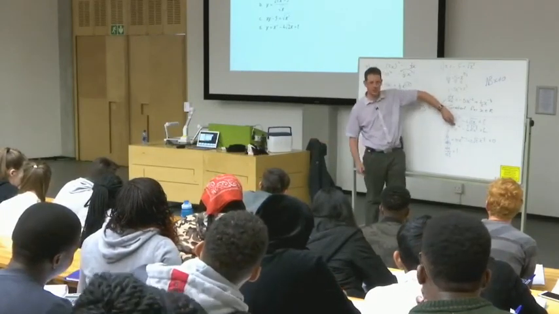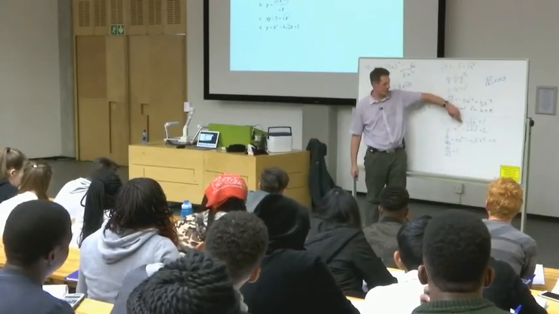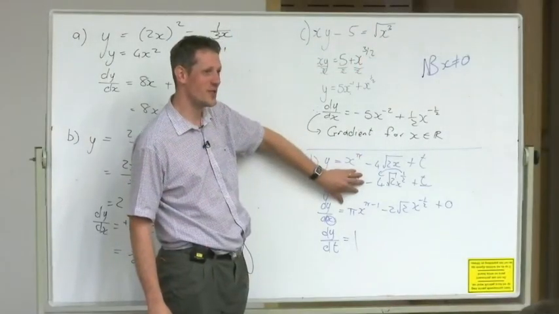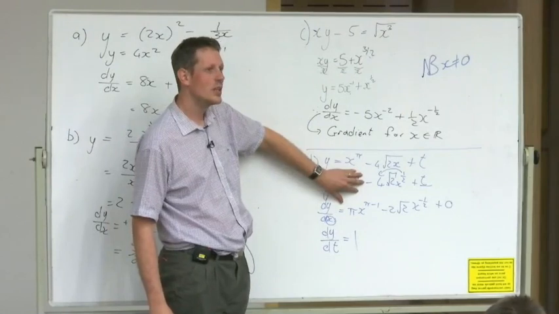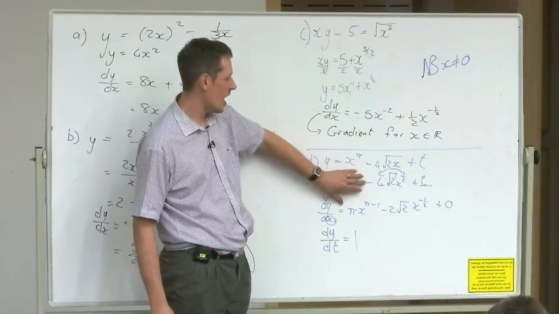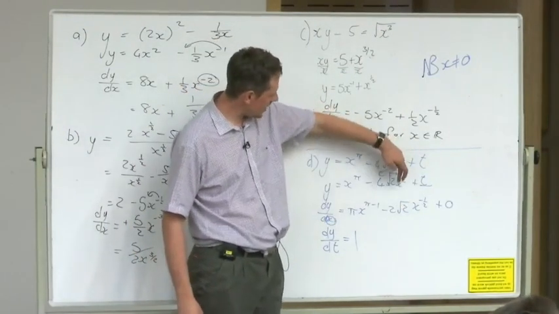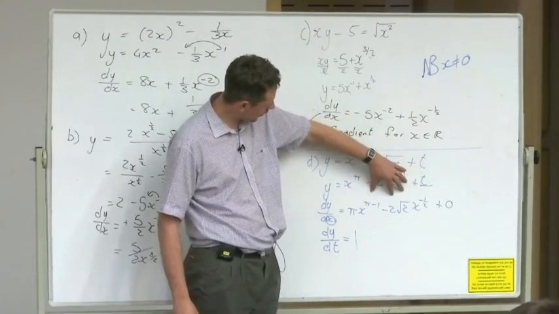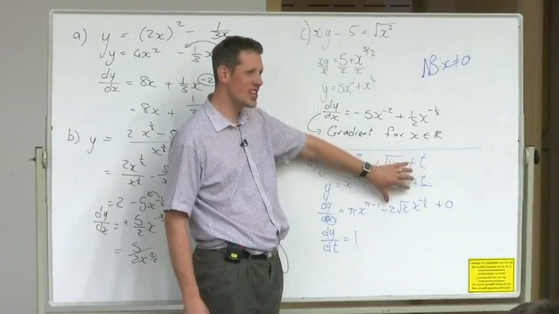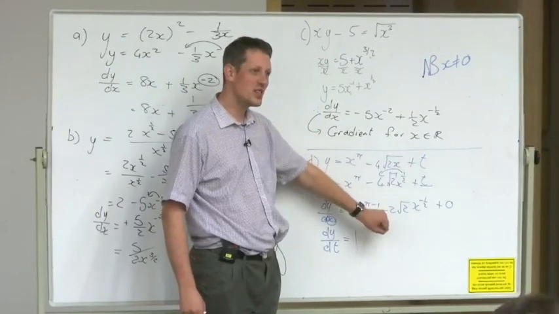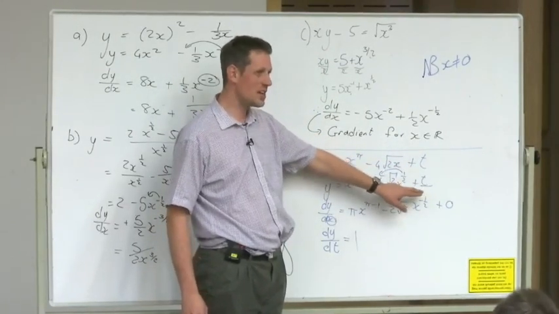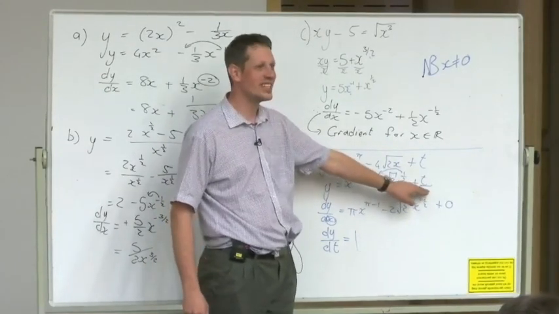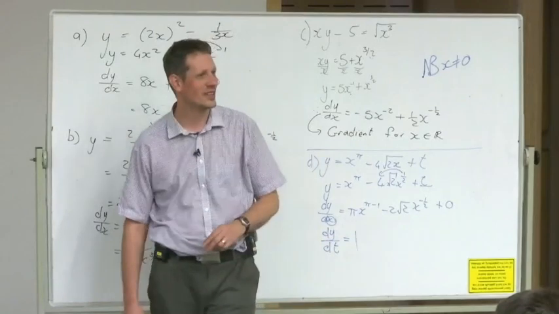Because now x is a constant. So that whole thing is a constant. So if I differentiate it, it becomes 0. If that is a constant, this whole thing is a constant. If I differentiate it, it becomes 0. So I'm actually only left with differentiating this back t, and it's just 1.